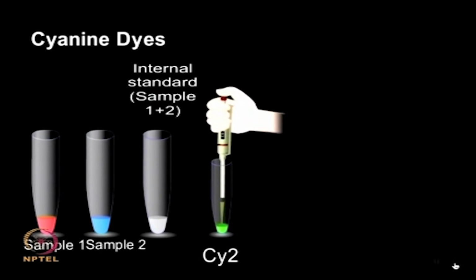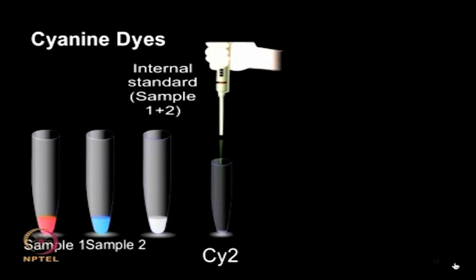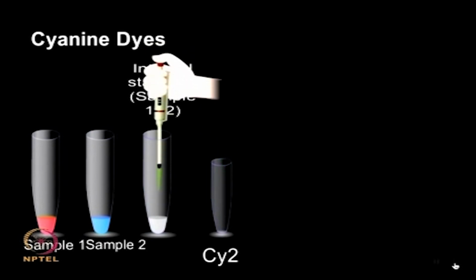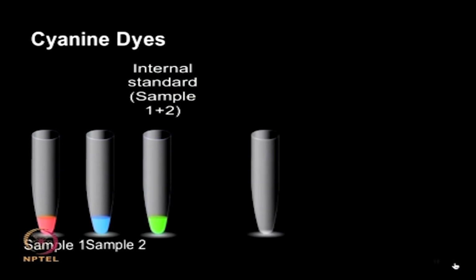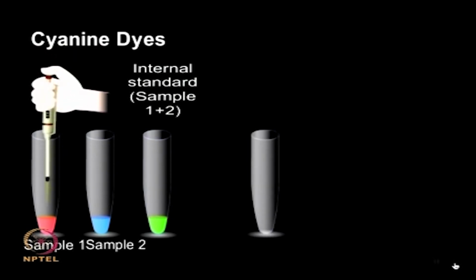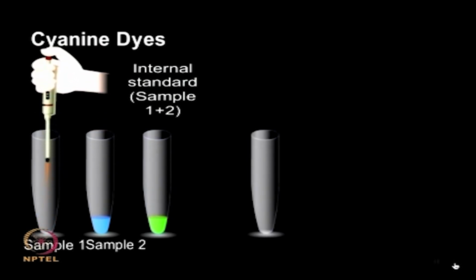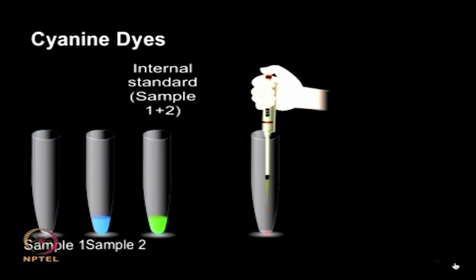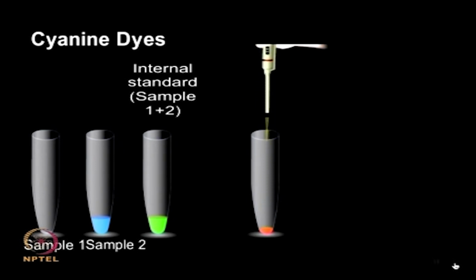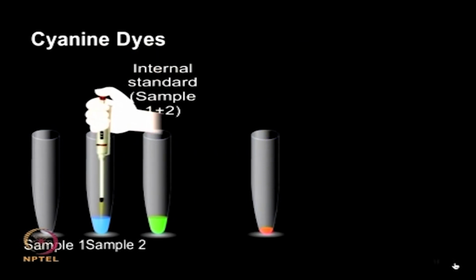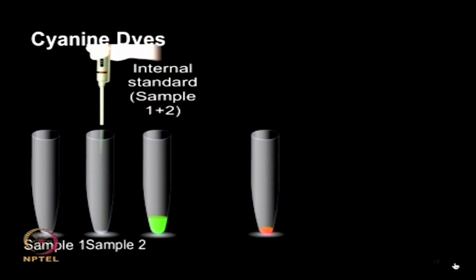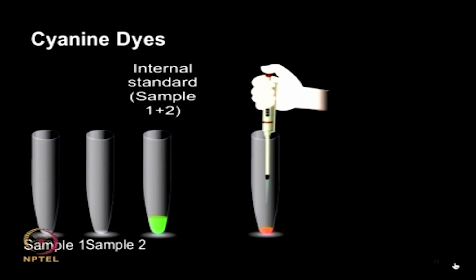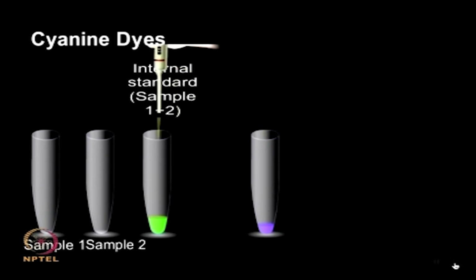Now, an internal pool made from both sample 1 and 2 is labeled with a third dye, which is Cy 2 dye. Each protein sample as well as the standard internal pool is labeled with a differently fluorescing cyanine dye, which allows all the protein samples to be simultaneously run on a single 2D gel.